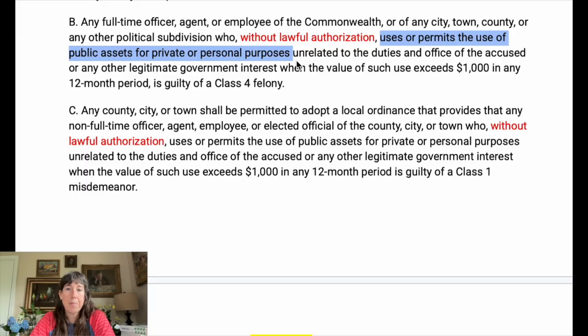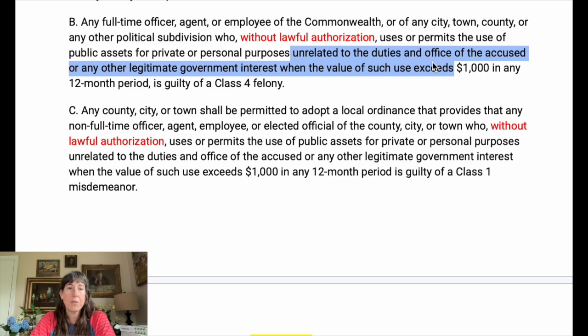So uses or permits the use of public assets for private or personal purposes unrelated to the duties and office of the accused or any other legitimate government interest when the value of such use exceeds $1,000 in any 12-month period is guilty of a class 4 felony.